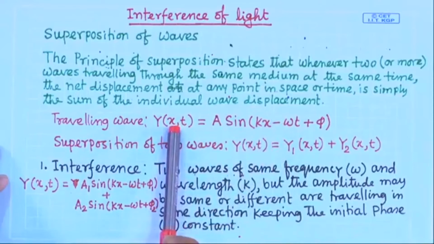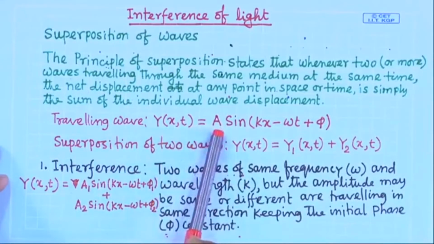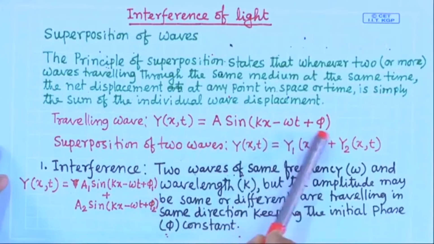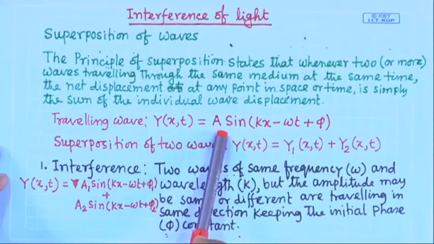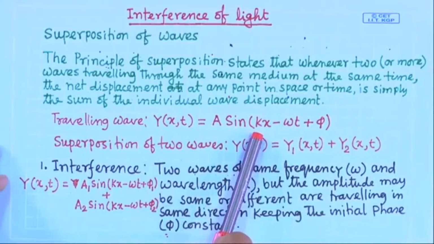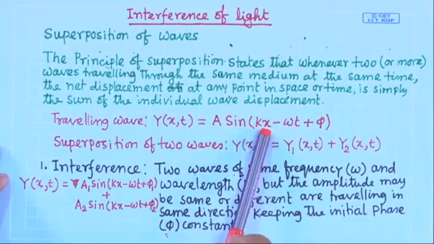That displacement is expressed as y = A sin(kx − ωt + φ). A is the amplitude, and k is the wave vector, 2π/λ, so it is a function of x.